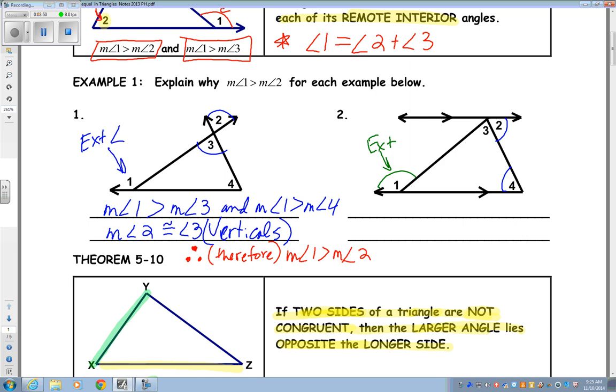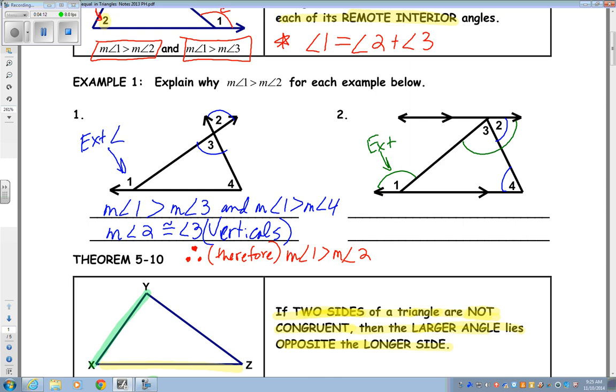3 and 2 together would equal 1. That's correct. If I put these together, they would equal angle 1, because they are also alternate interior. Do y'all see both pairs of alternate interior? See if you can come up with a way of explaining why angle 1 is greater than the measure of angle 2.